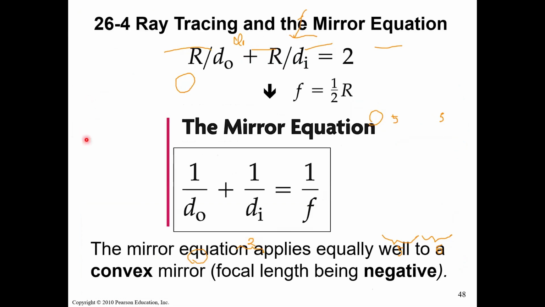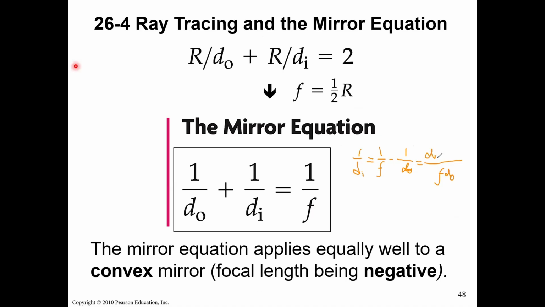So where's the equation? This is the mirror equation. We know DO and F. We want to solve DI. What we do is that we find out that 1 over DI is basically 1 over F minus 1 over DO, right? And furthermore, this is F times DO, and the denominator is DO minus F. Okay?